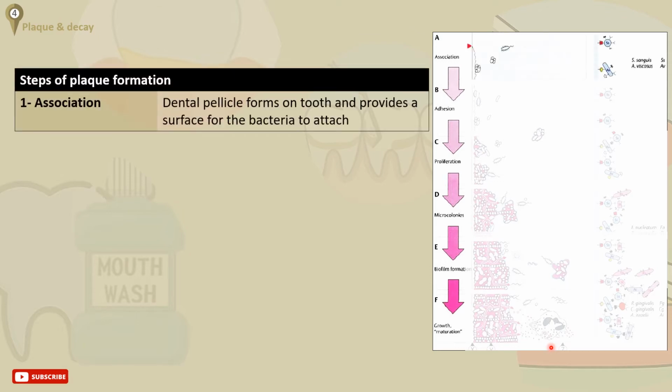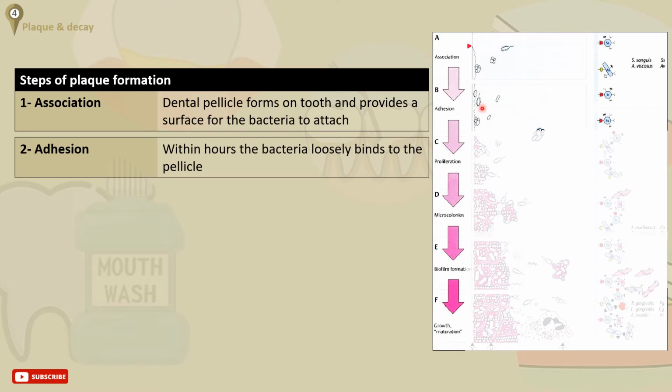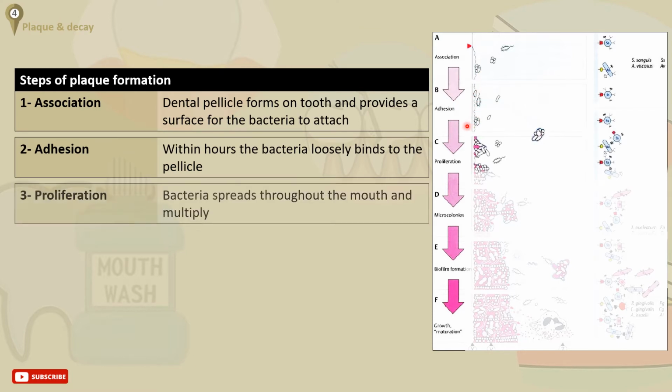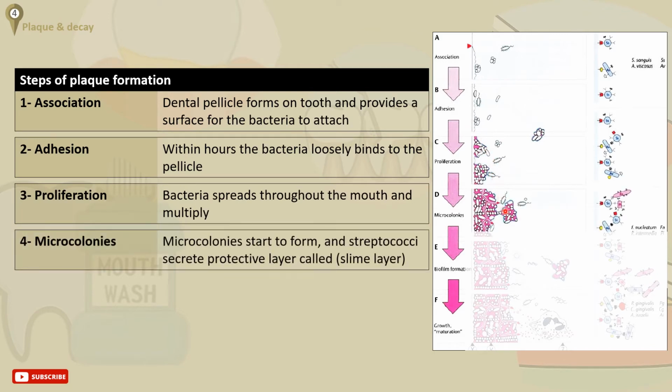Firstly, an acquired pellicle, which is a layer of saliva that is composed of mainly glycoproteins. It forms shortly after cleaning the teeth. Then, bacteria start to loosely bind to this pellicle. Then they proliferate and multiply and form microcolonies, which is step number 4.